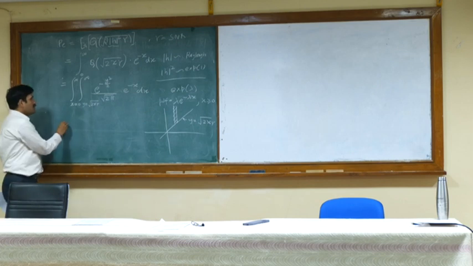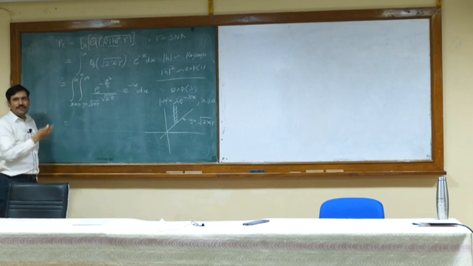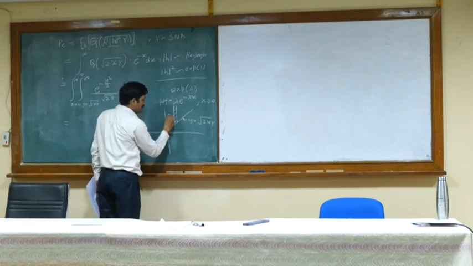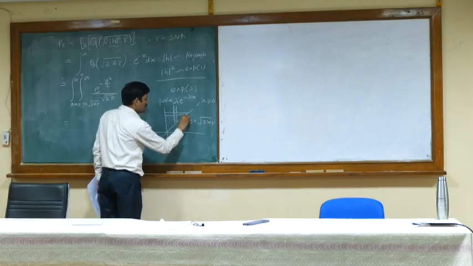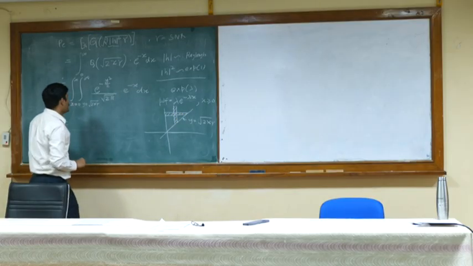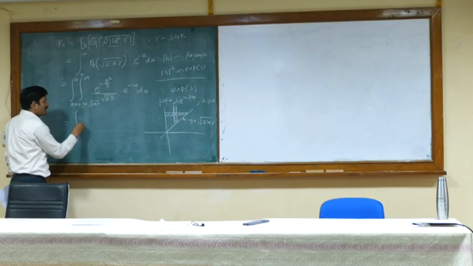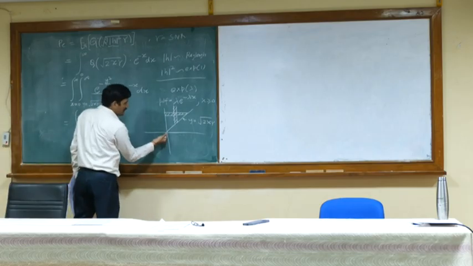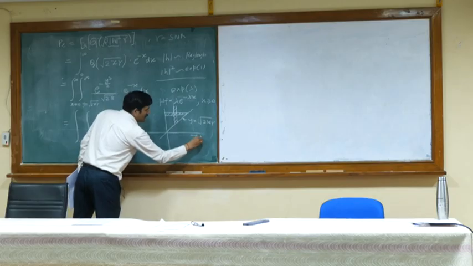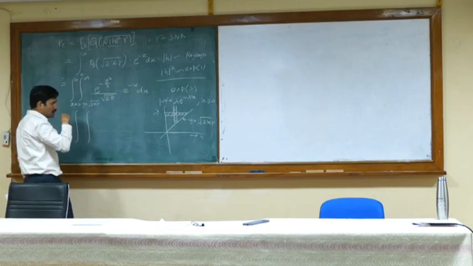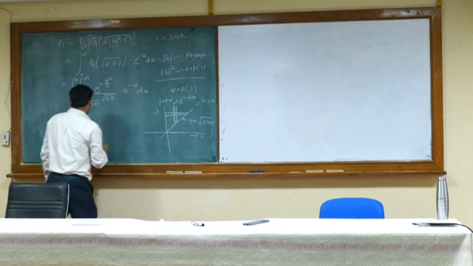Okay. So what we want to do now is change the order of integration. So instead of taking this y strip, we can take this x strip. This will change the limits of the integration. So what will we have? So this is x and this is y.